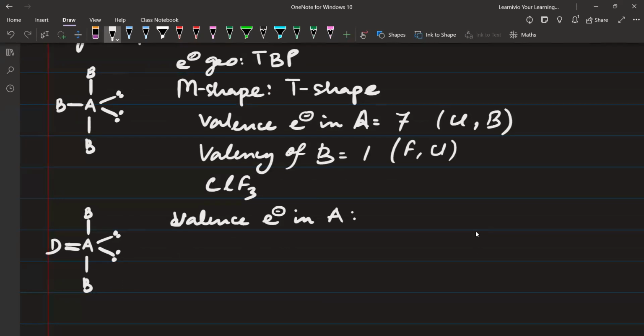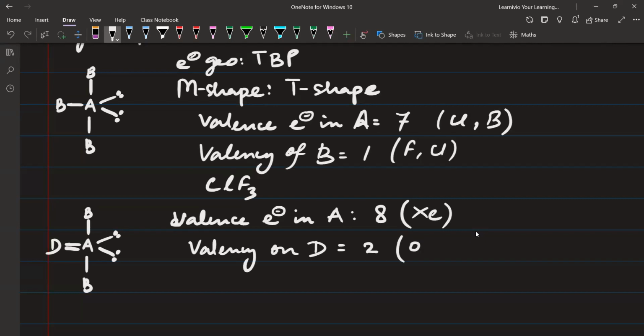So which element? Xenon. Very good. And the valency of D? 2, right? Oxygen. And for B, we have fluorine. So the compound will be XeOF2.